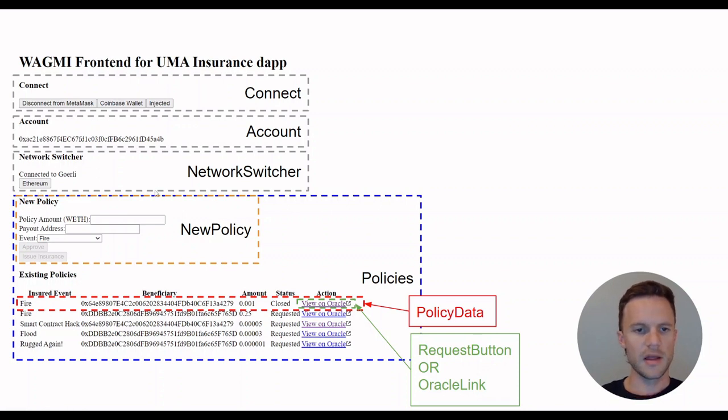So basically all I'm going to do is create a title and then put these three components in. And like I demoed before, the account and network switcher are only going to show up when our wallet is connected to the Dapp because we have no account to display without being connected. So let's get those three components set up.